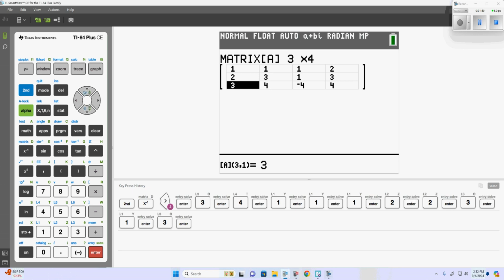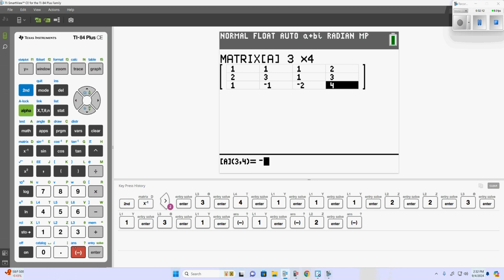Once you type the number, hit enter. So 1 and then 2, enter, 3. You're going to type the whole thing in. Then the next row is 2, 3, 1, 3, and the last one is 1, enter, negative 1, enter, negative 2.